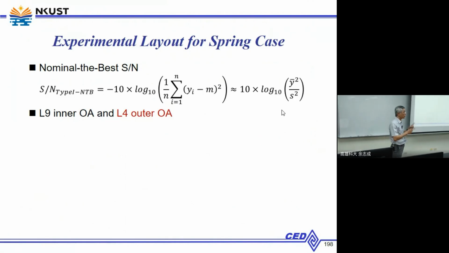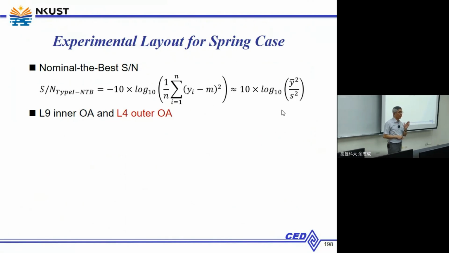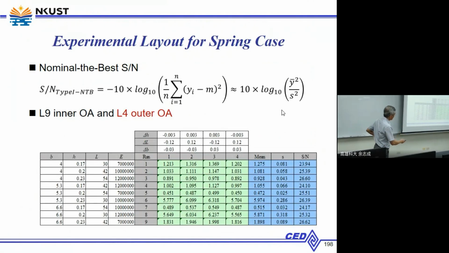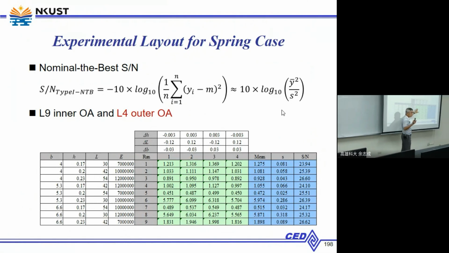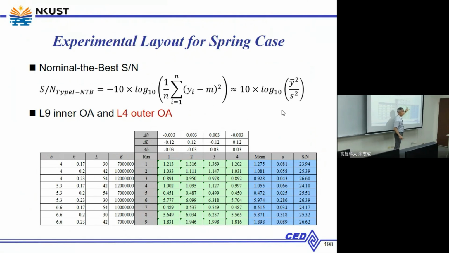But we can also use that outer array and, using analysis of means, find out the effect plot of the noise factors. Just like this one. This is the classroom example, L9 and L4. Later on, we will work on the L9, L8 example like what you did.